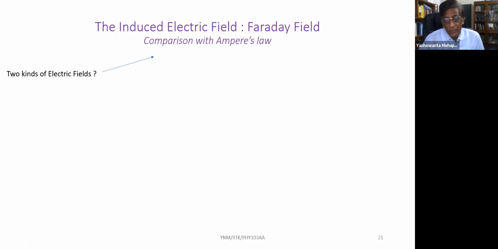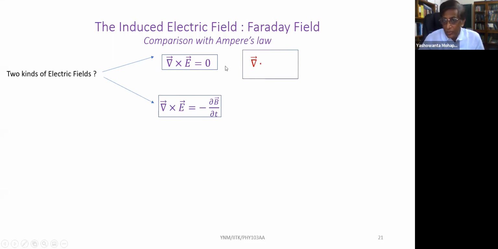So there are two kinds of electric fields, it looks like. If the curl of E is 0, then what is the source of the field? It is rho by epsilon naught. But if there is no rho, no charge, only a changing magnetic field, then also I can have an electric field, and there need not be any charge at all.